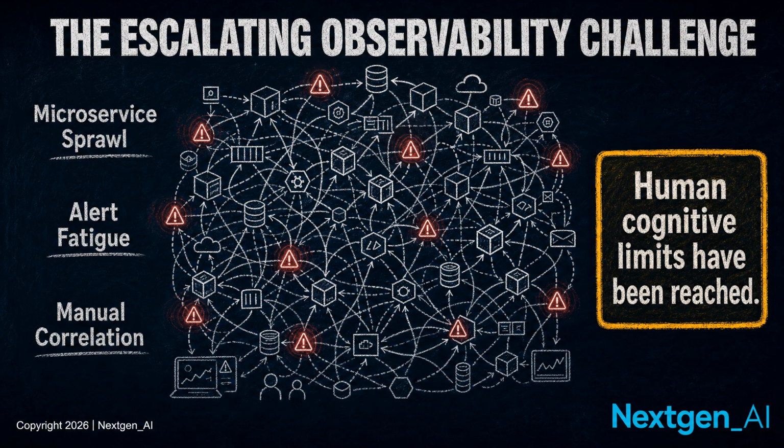It has become an impossible task for any human team. The fundamental truth confronting every engineering organization is now crystal clear. Human cognitive limits have been definitively reached. We simply cannot manage these hyperscale, hypercomplex systems through manual processes alone. A fundamentally different approach is required.